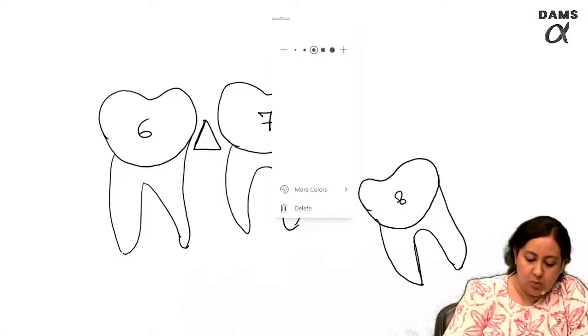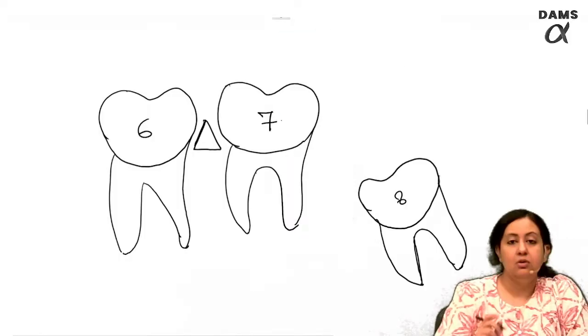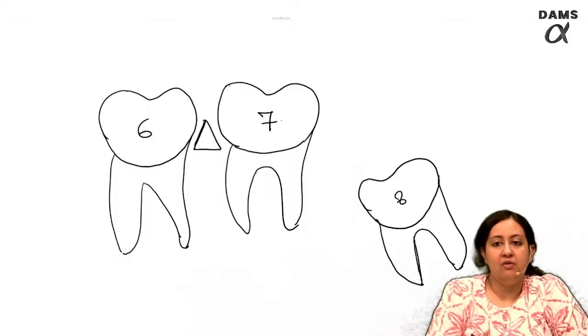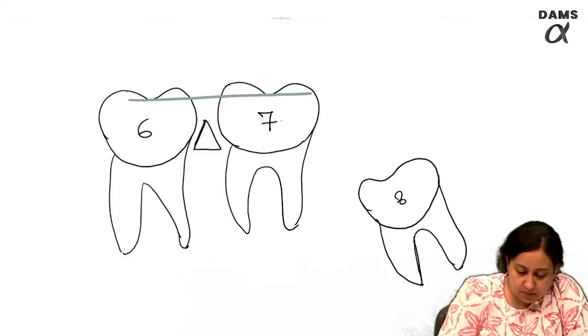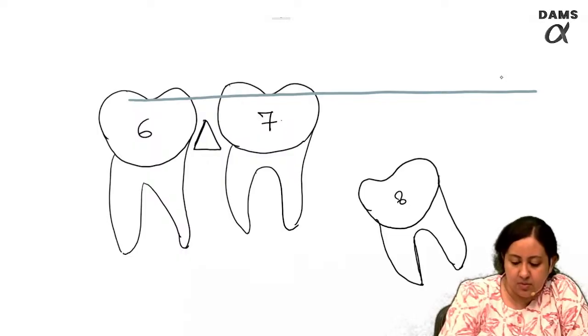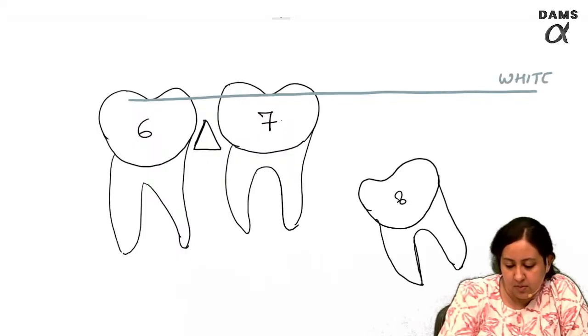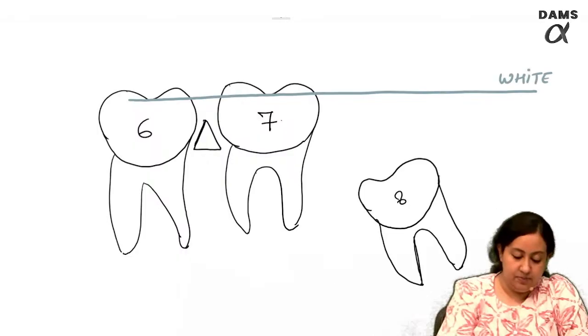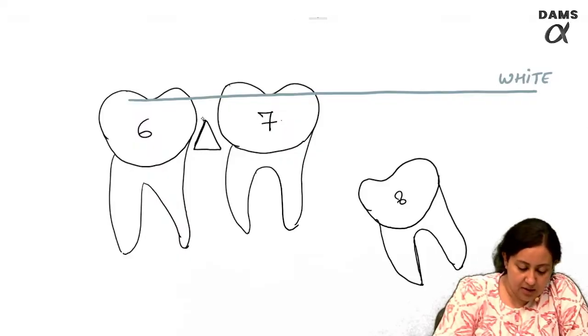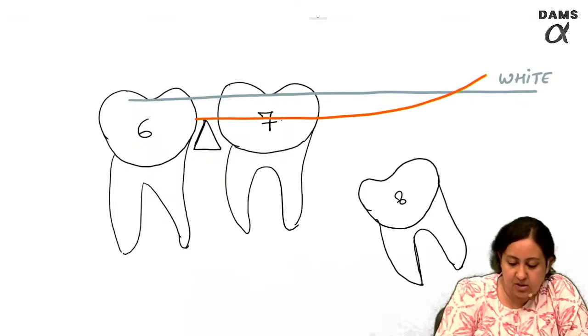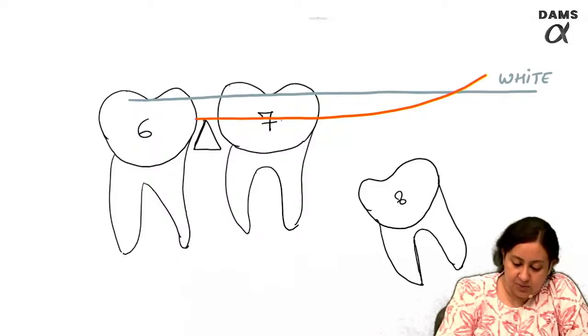Let's draw the white line first. I'm using a gray pen. So the white line was at the level of the occlusal plane. Next, we draw the amber line at the level of the interdental septum. Trace it backwards. So this becomes your amber line.